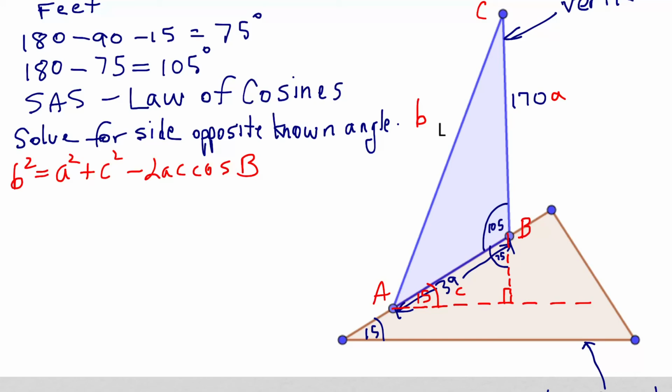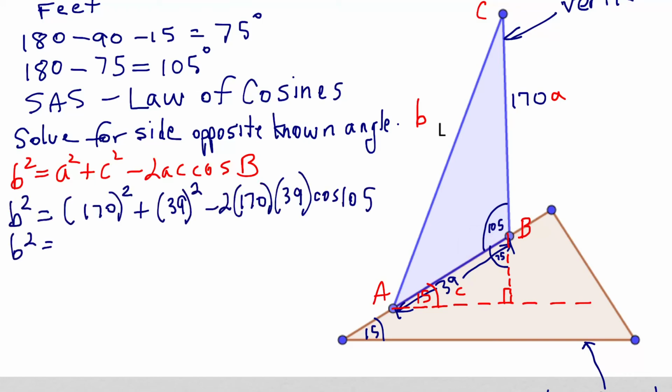Now I'm going to substitute in side C, which is 39, side A, which is 170, and angle B, which is 105. So I substituted all my numbers into my B law, and I type it in, and I'm going to get 33,852.94054.